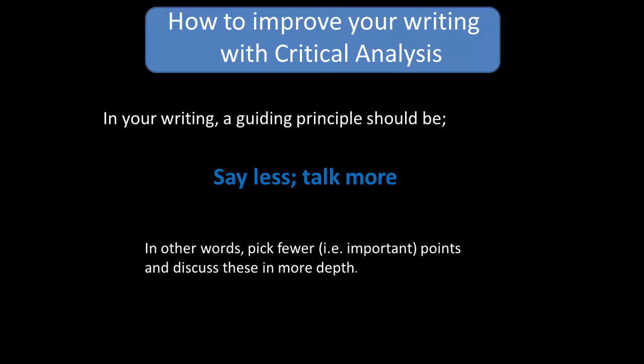It's very difficult to critically analyse a large number of concepts because we are always limited by a word count. So a useful and I think important strategy is to select, cherry pick out those issues you think are the more important ones and discuss them in more detail.